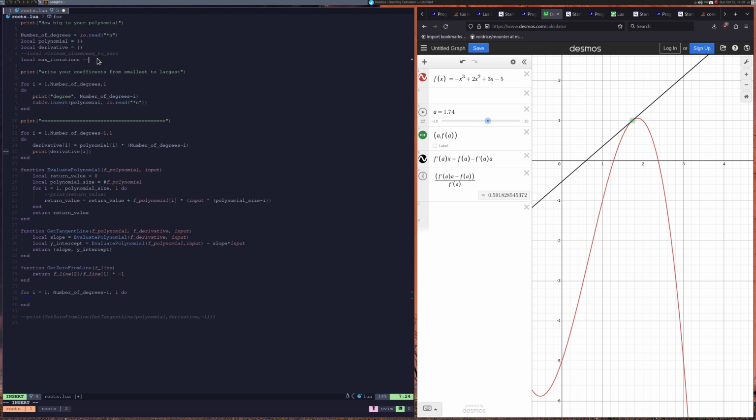Let's see, we can do a maximum of 20 iterations.